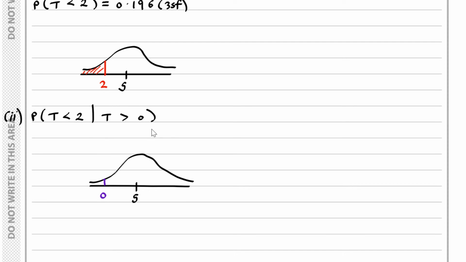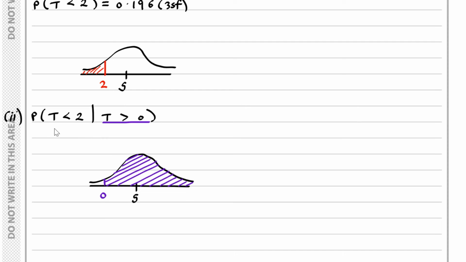Where t is greater than 0, that's shown in blue over here. And we're looking at the probability of t being less than 2 given t is greater than 0.